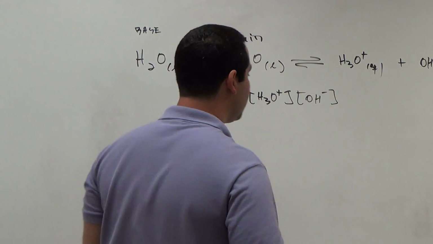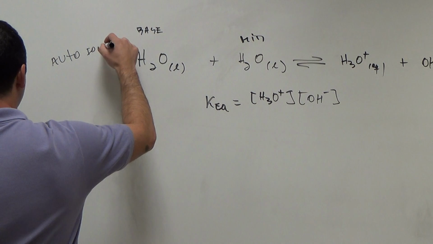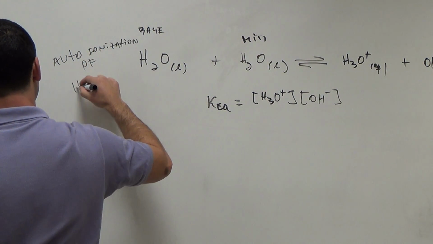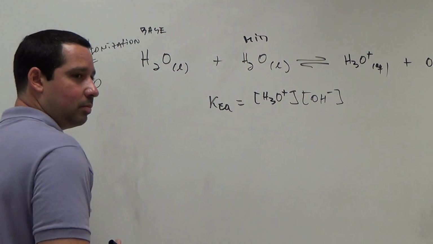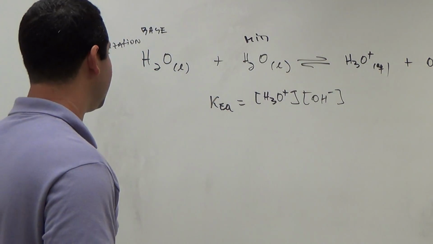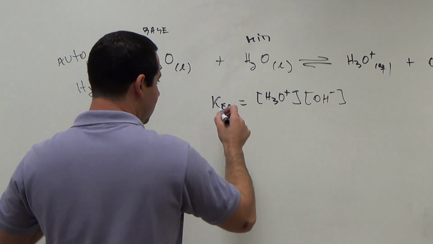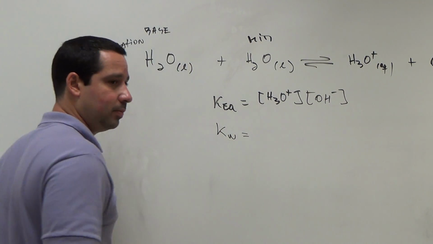And this has a special name. This is called autoionization of water. Do you see it? Water with another water ionizes. This is what happens in real life. Because this is the autoionization of water, this equilibrium constant is special and it is called Kw.